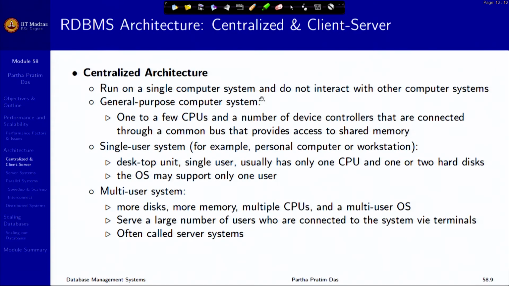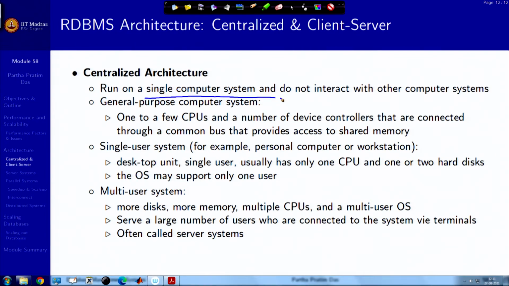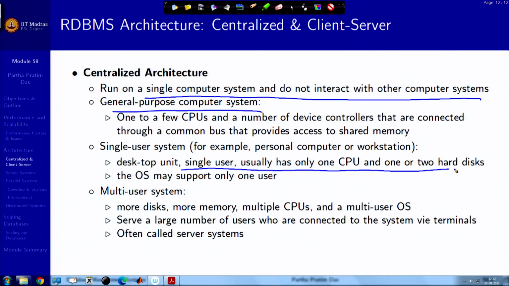So, a centralized system is one which runs on a single computer, right. Single computer systems do not interact with other computer systems, and it is usually a general purpose computer. So, for small applications, single user applications or even multi-user small applications, these are really good options. So, desktop units, single user, usually only a CPU, one or two hard disks, or you may have multiple of them and have a little bit bigger, which we often call the server system.